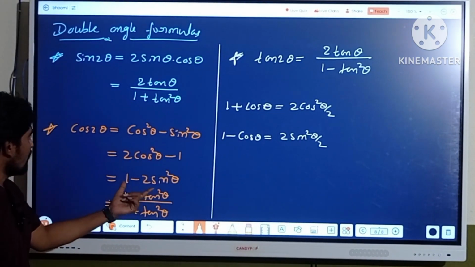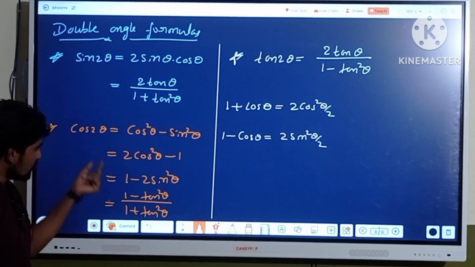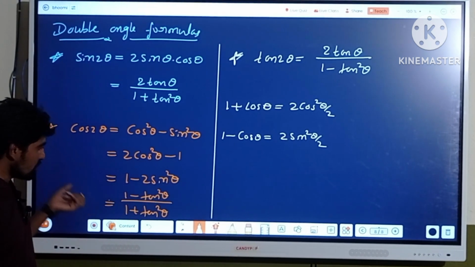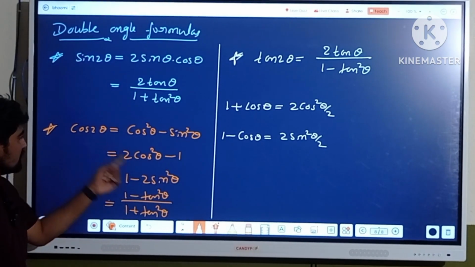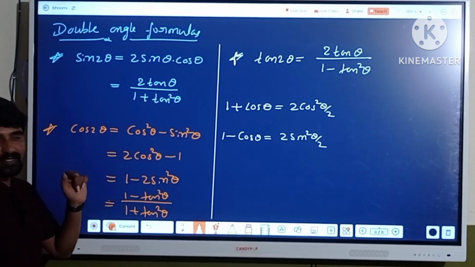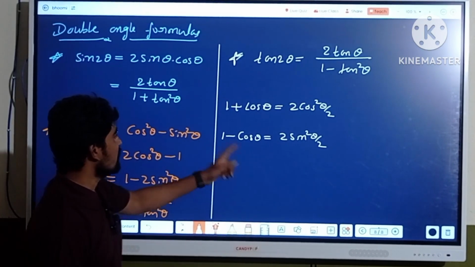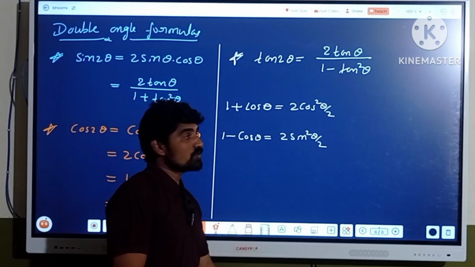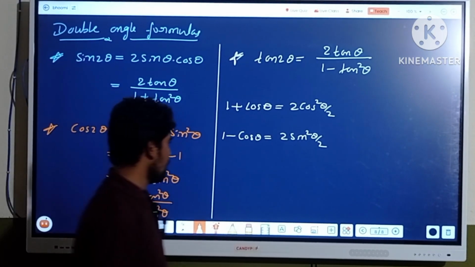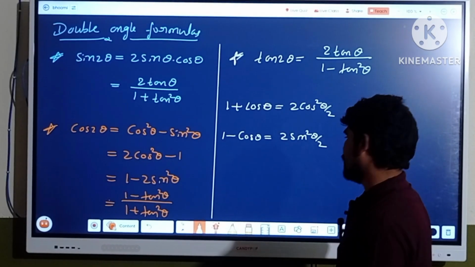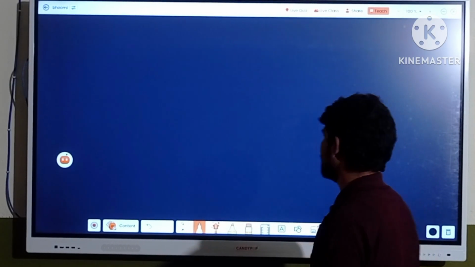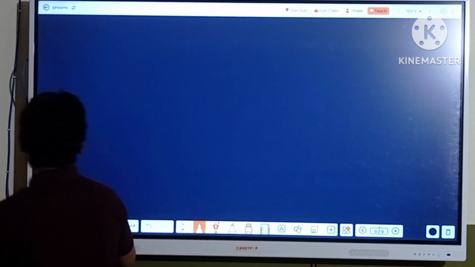By shifting cos 2 theta towards the right side and 2 sin square theta towards the left side, it becomes 2 sin square theta is equal to 1 minus cos 2 theta. So for the half angle formulas, 1 minus cos theta is equal to 2 sin square theta by 2. And now we need some of the triple angle formulas also. So now, triple angle formulas.